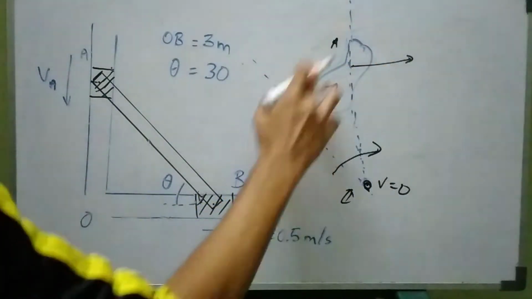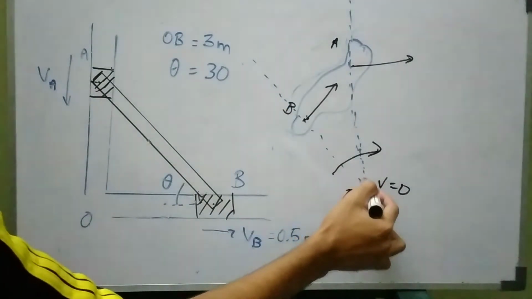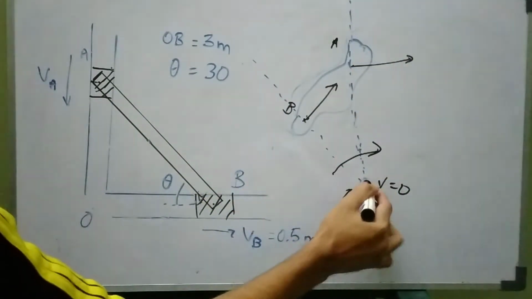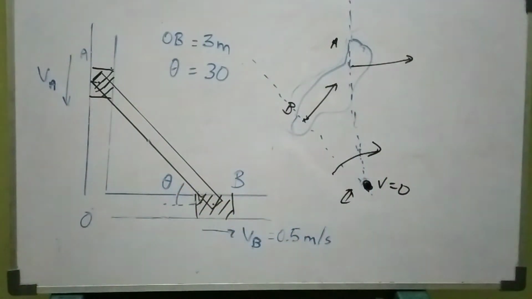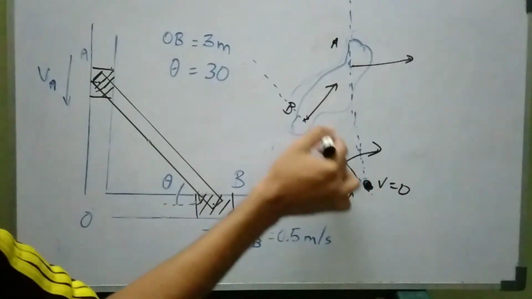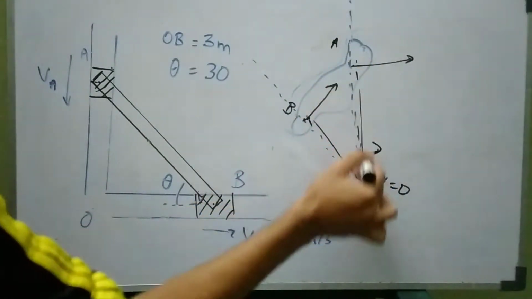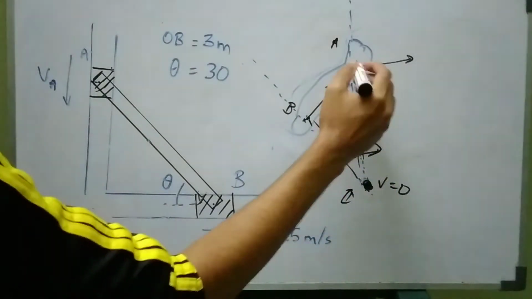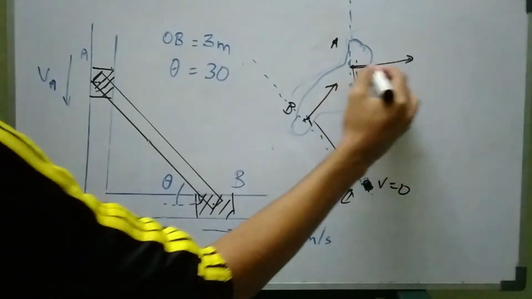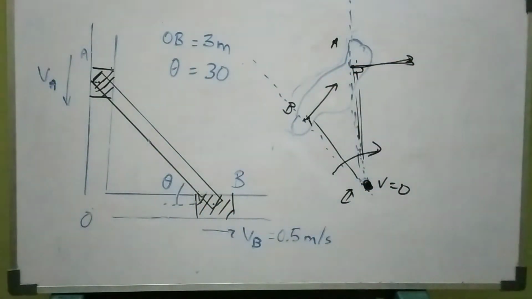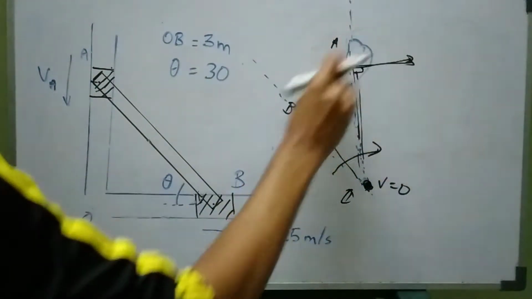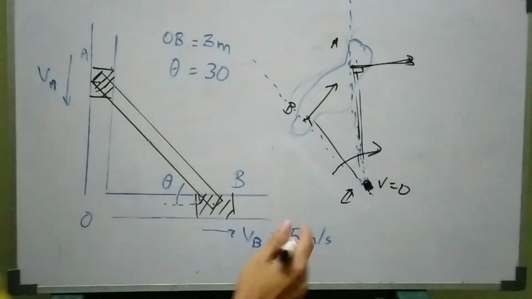From that, we can directly tell this body is moving along a circular path about this instantaneous center of rotation, which means all the particles have velocity at 90 degrees from the line joining them to the instantaneous center. That simply means all particles are going to rotate about this instantaneous center.